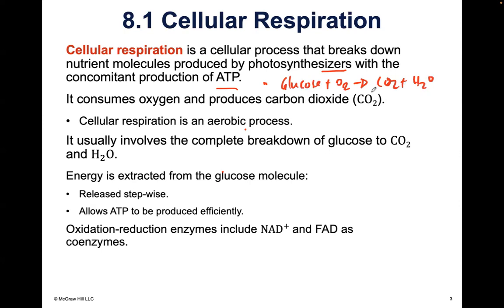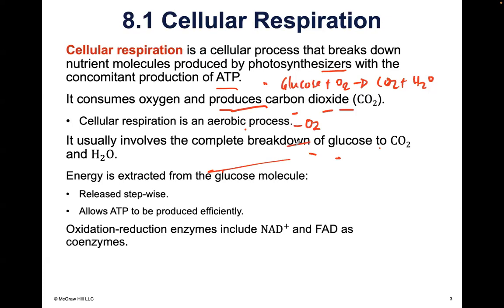So this is why it takes in oxygen, and it produces carbon dioxide as a product. So cellular respiration is an aerobic process. It needs oxygen for the process to function. It usually involves a complete breakdown of glucose to CO2 and H2O.